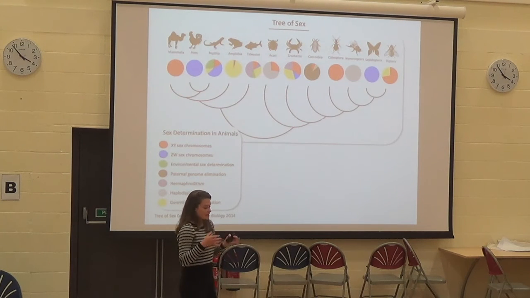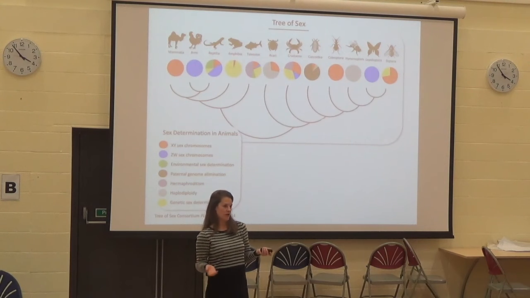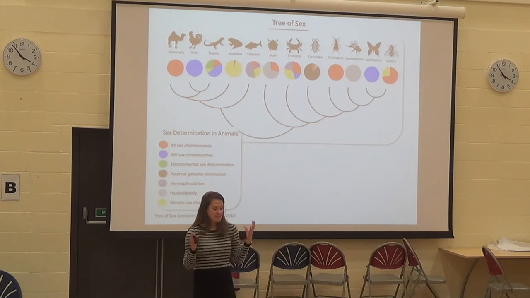So sex and sex determination mechanisms have evolved countless independent times across the animal kingdom. And so recently there was this Tree of Sex consortium that essentially set out to condense all of the information we know about how sex is determined across the tree of life.